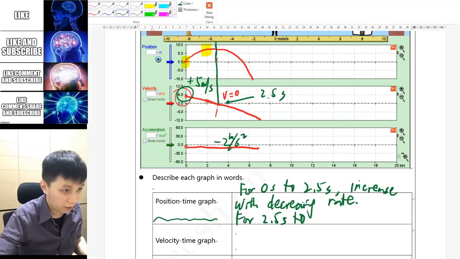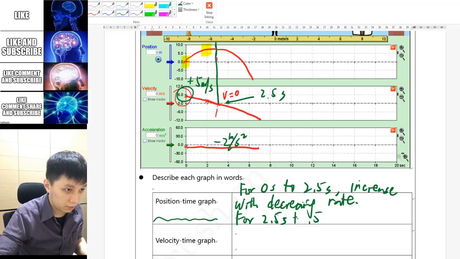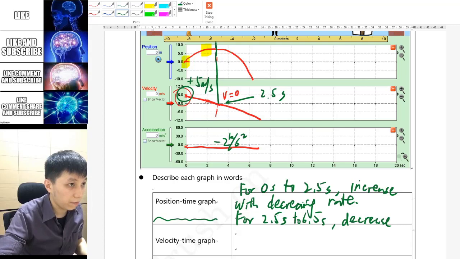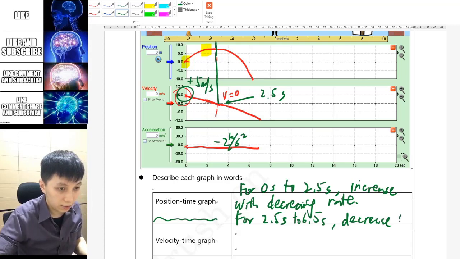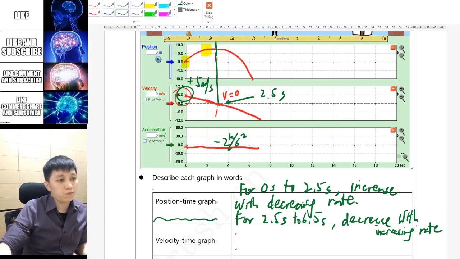That's 6.5, let's say, to 6.5 seconds. Then it is decreasing. The position would decrease with an increasing rate. Okay, so that's the position time graph.